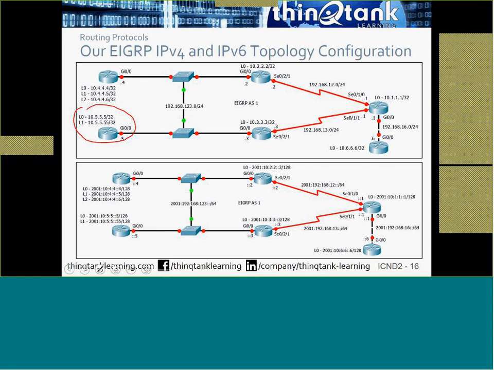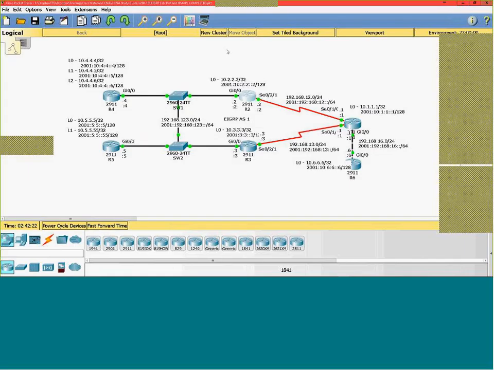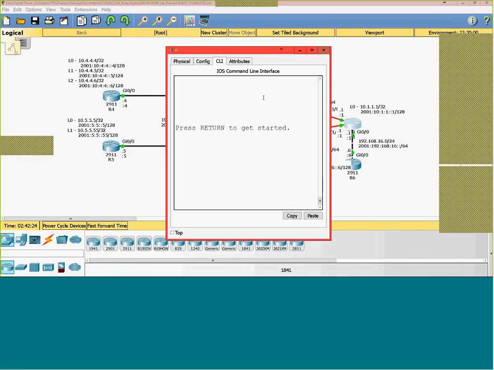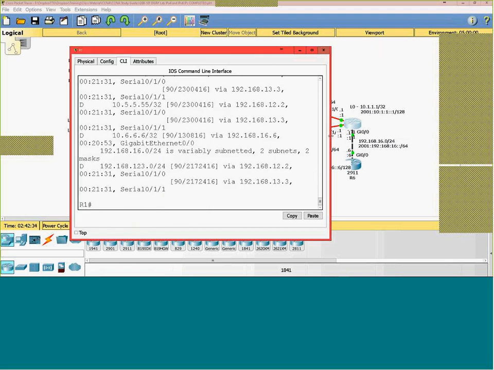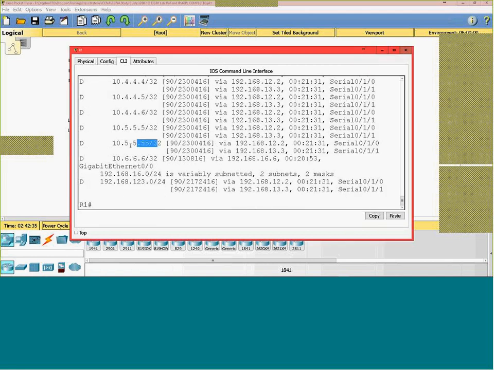Now, if I go over to router number 1, and I do a show IP route, EIGRP, let me make this a little bit bigger, I can see 10.5.5.55 and 10.5.5.5. I would expect to see those because they're part of EIGRP, they're being advertised, etc. Agreed?